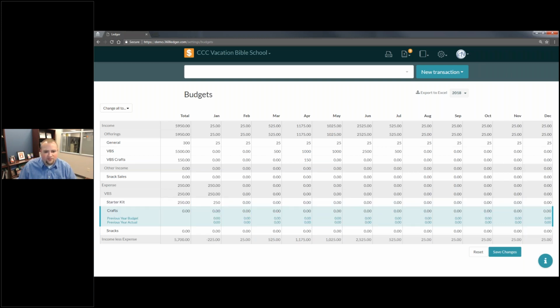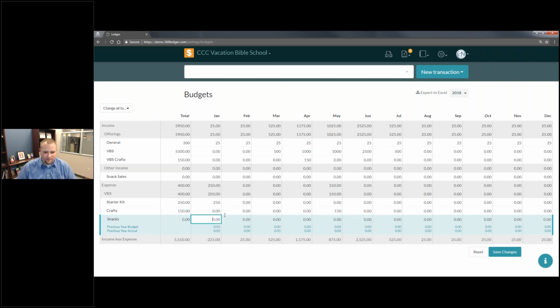And your crafts, which you always purchase with that $150 the month afterwards, you put in for May. And then snacks, well, you probably don't need all of the other amount, but let's say you start stocking up at snacks at $100 a month. That's pretty nice snacks. Maybe you've got just a lot of kids coming to feed. All right, we'll just do that through July.